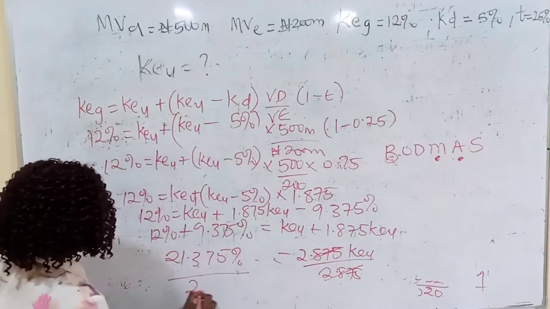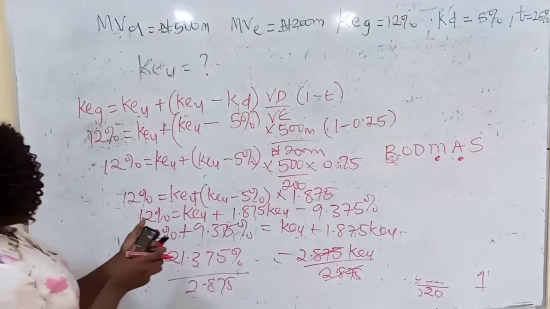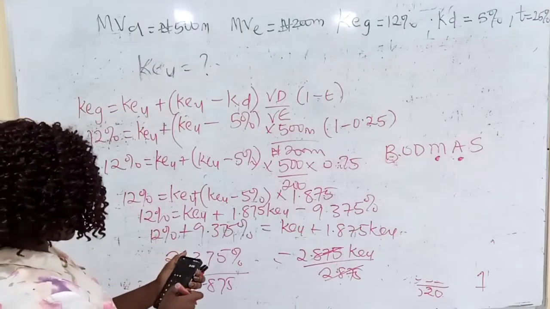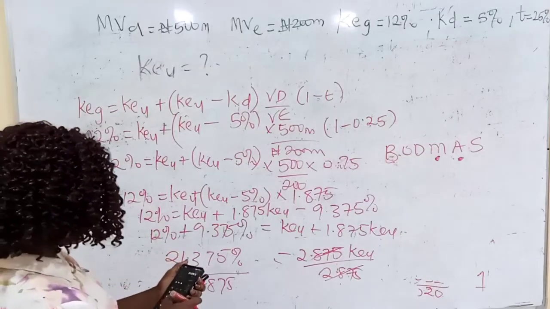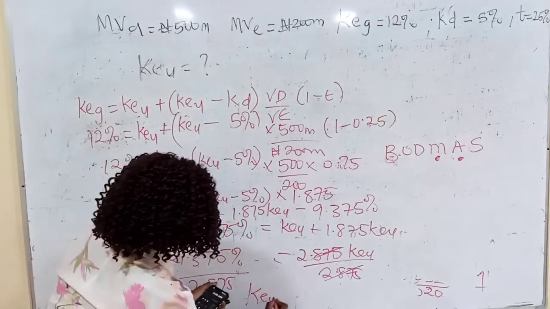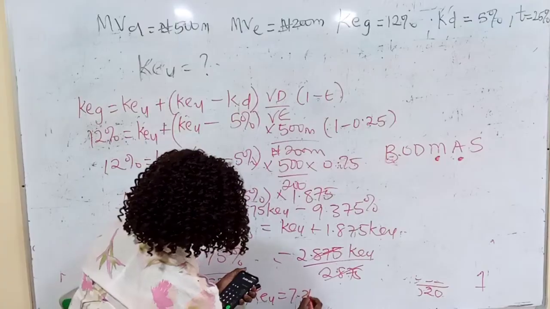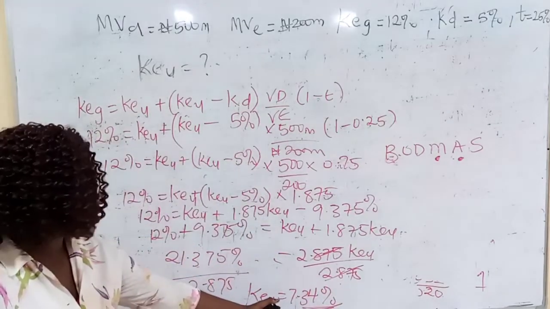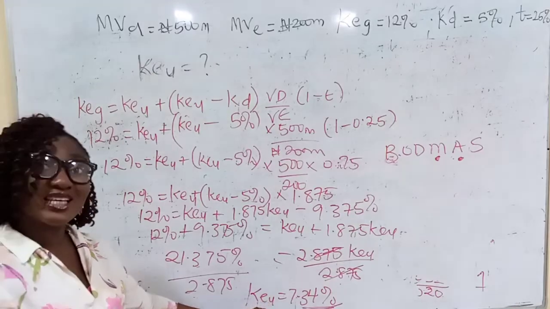This will cancel this, 2.875. Okay, so let's do that. 21.375 divided by 2.875, and that gives you KEU to be 7.34%. So that is the cost of equity of an ungeared company, no debt element here.